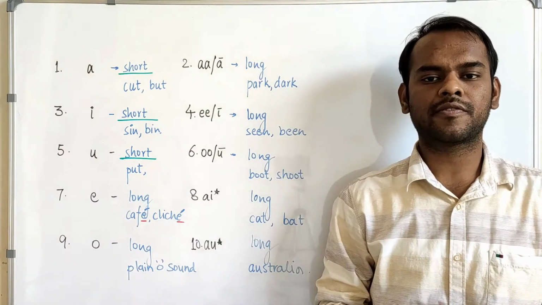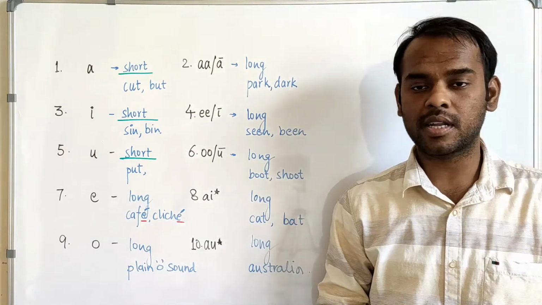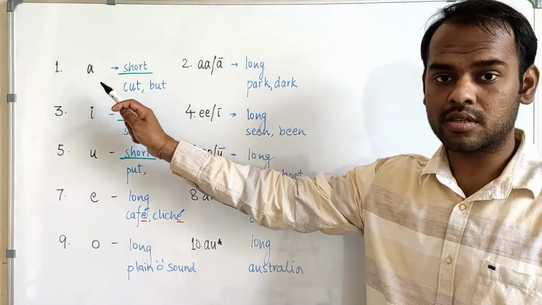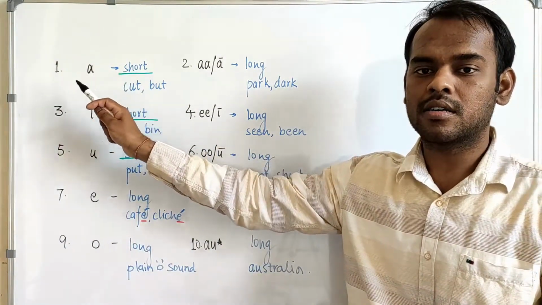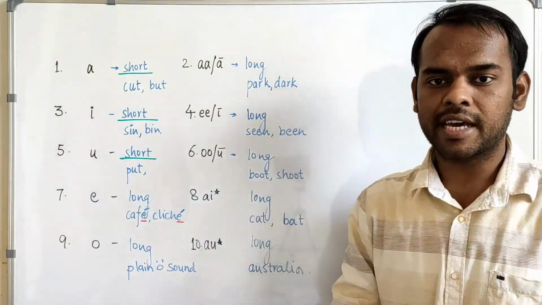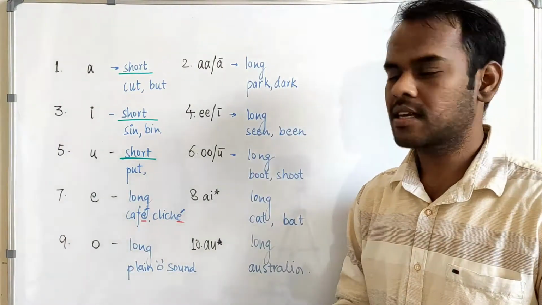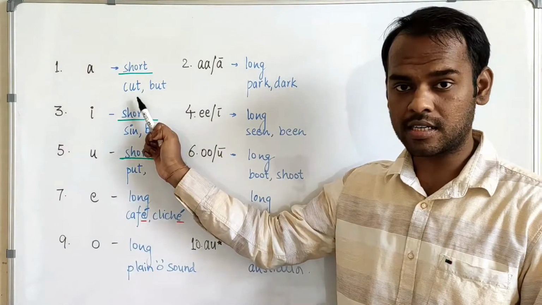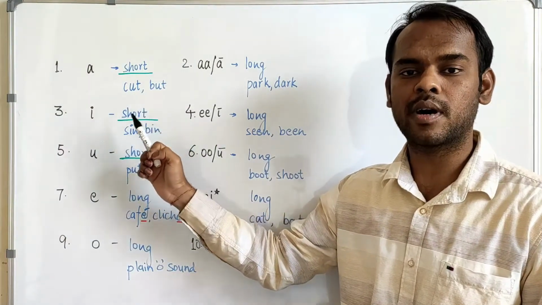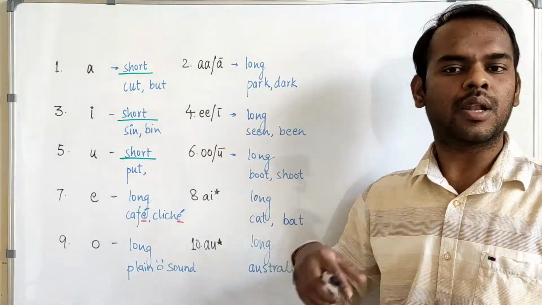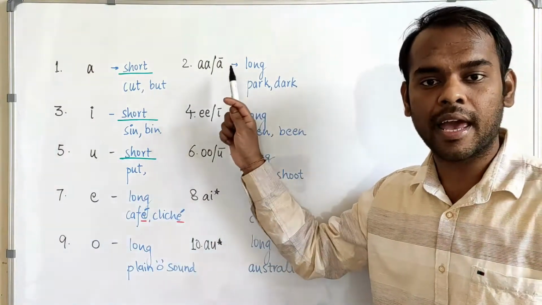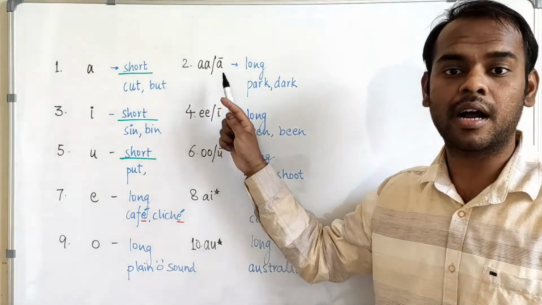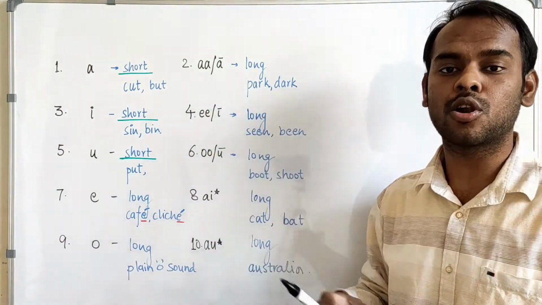Having a look at the first pair. The first one is a short vowel A. Whenever I write a single A, it would mean a short A sound as in cut or but. A schwa-like short sound. And whenever I write double A or an A with a bar above, it would mean a long sound.